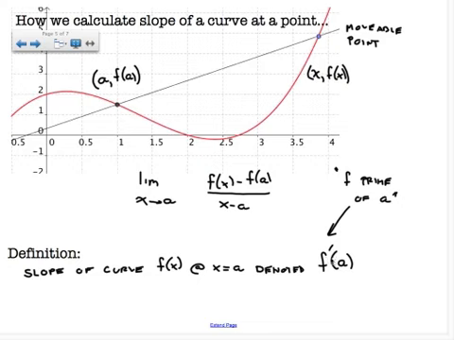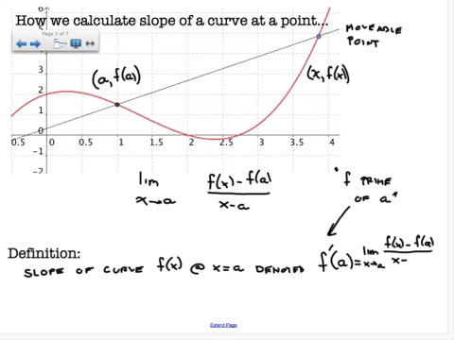This is the symbol for what this is finding. So this is the slope of f at a, and it is found by doing this calculation that we just derived: the limit as x approaches a of f of x minus f of a over x minus a.